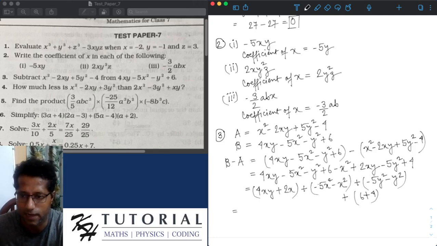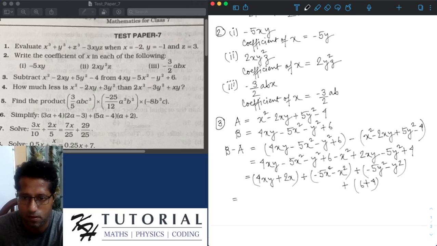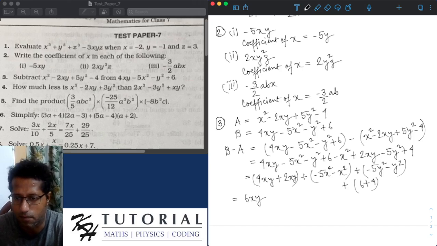Now if we add all the like terms, we get 4xy plus 2xy is 6xy, and minus 5x square minus x square is minus 6x square. Minus 5y square minus y square is minus 6y square.